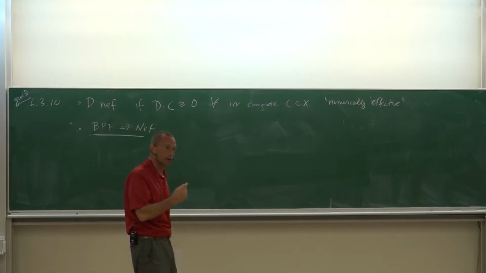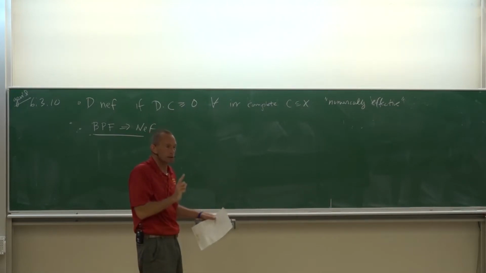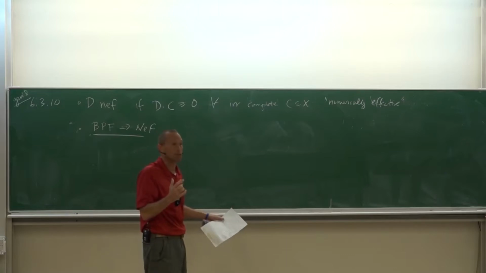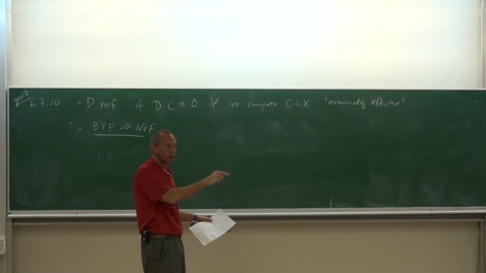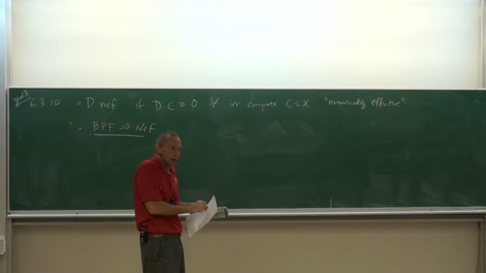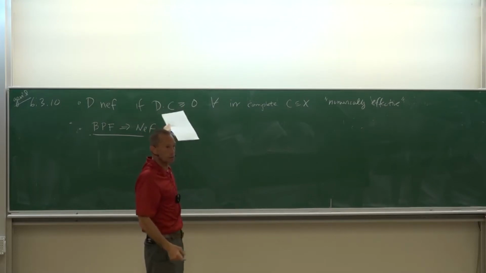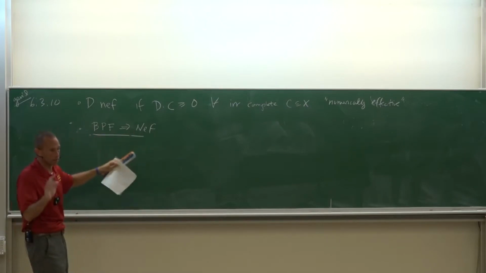Or that curve gets squished down to a point. Because I have a base point free map, I don't have places where the map is undefined. Everybody gets sent somewhere. So if that curve doesn't get sent to another curve, it gets squished down to a point and has degree 0, which means D dot C is equal to 0. That's the intuition of why a base point free divisor is going to give you something NEF, roughly speaking.